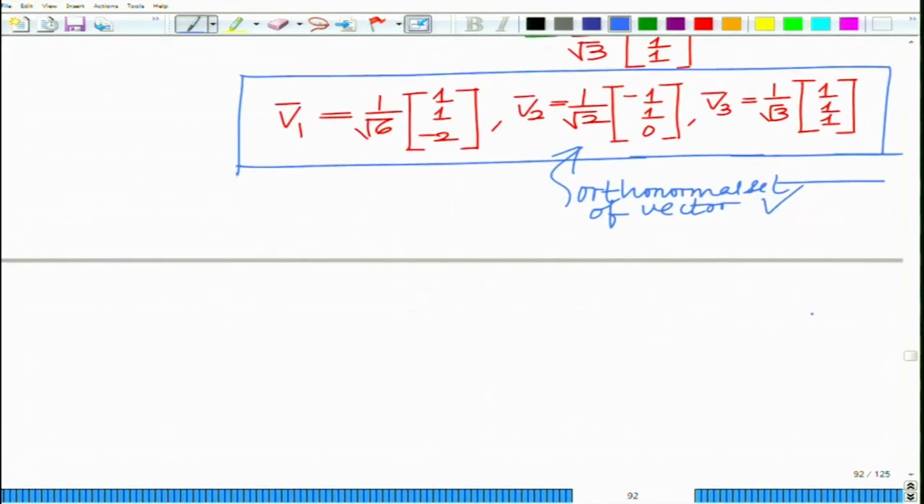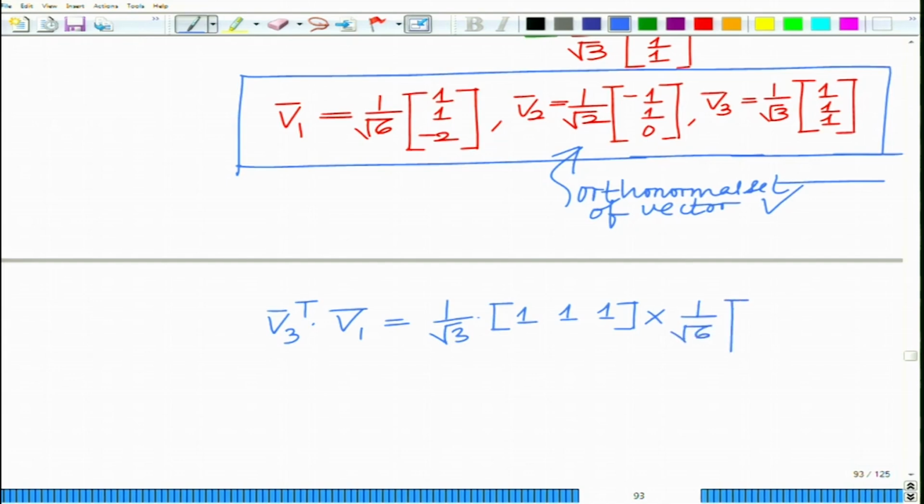And you can once again check, if you do V3 bar transpose V1 bar, just do a quick check. That would be 1 over square root of 3 times the row vector (1, 1, 1) times 1 over square root of 6 times (1, 1, minus 2), which is basically 1 plus 1 minus 2 divided by square root of 18, and you can see this is equal to 0.